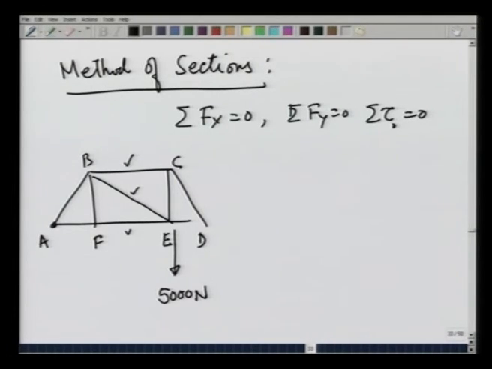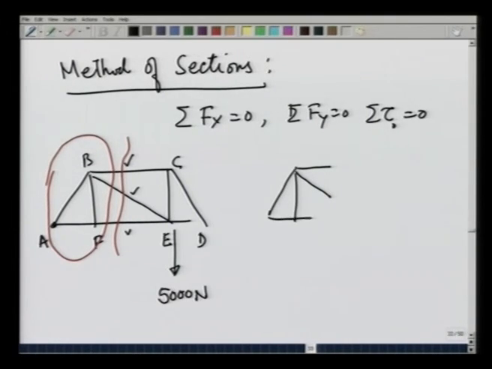What one would do in that case is make a cut through these members and look at this section of the truss and see how this is in equilibrium. In particular, I have made a cut here, I made a cut here, and I have made a cut here.